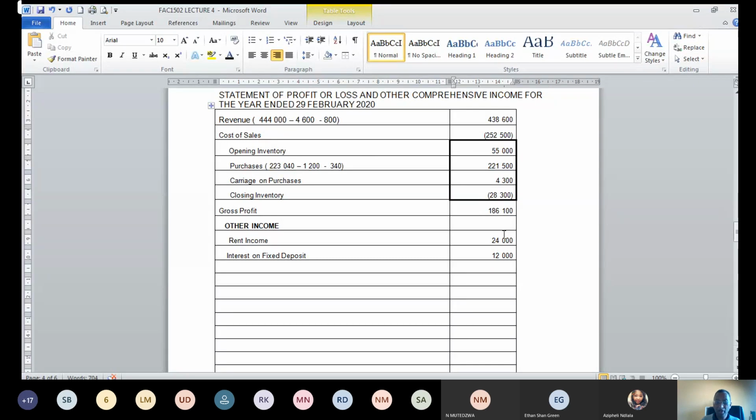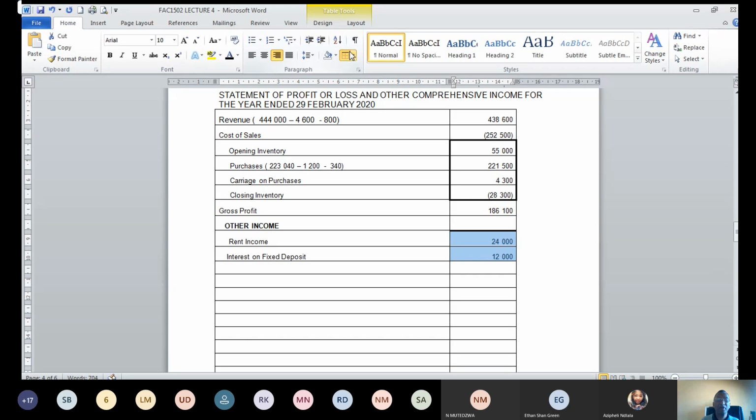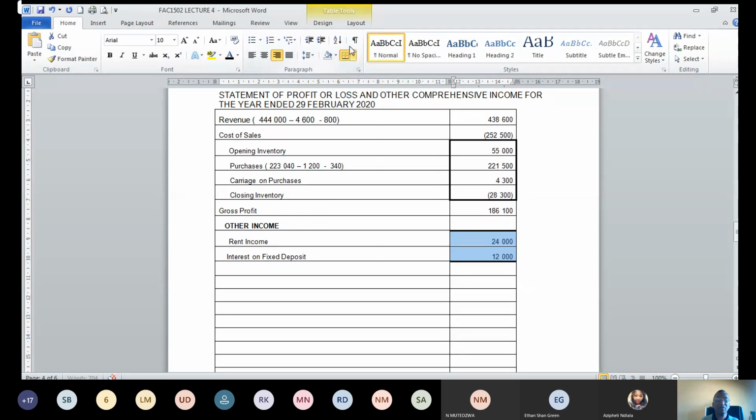Those are our only income accounts that we do have. You put that now in a block, and that will give you other income then of 36,000 Rand. Other income therefore will amount then to 36,000 Rand.